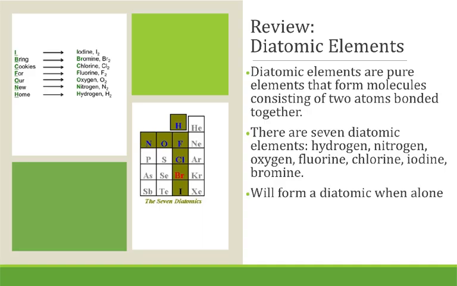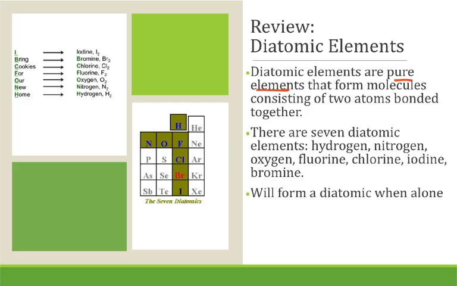All right. Another thing we just want to remember is our diatomic elements. As we are looking at reactions, if something is getting kicked out of a pair and it's by itself, we need to make sure we are acknowledging those diatomic elements. And when they are in their pure element form, they form molecules that consist of 2 atoms bonded together.